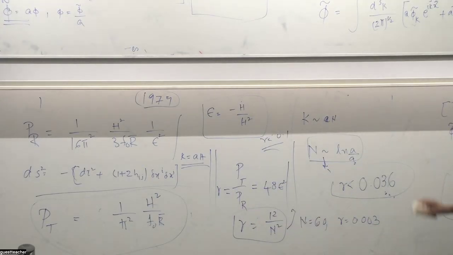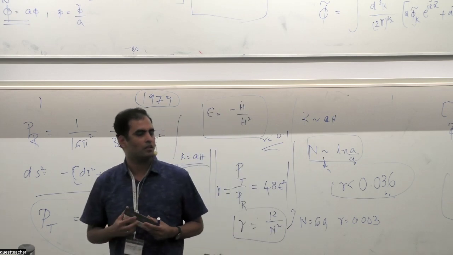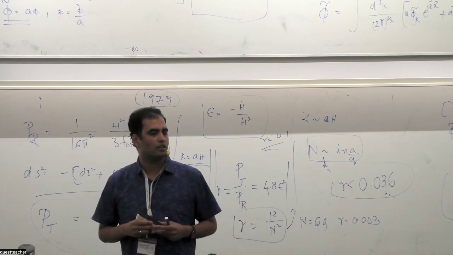What's your power spectrum? A equals AH, the horizon exit. And the calculation when you solve the Mukhanov-Sasaki equation was valid for K much smaller than AH?